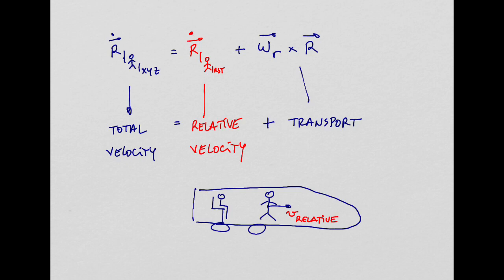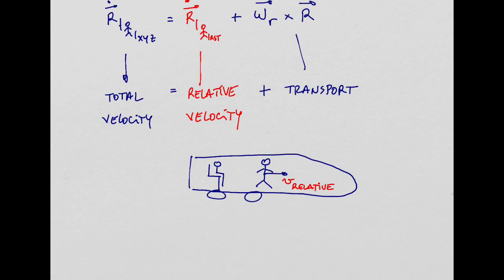Relative to the velocity of the train. If you are seated in the train, your relative velocity is 0. If you are moving to go to the toilet, for example, you are walking inside the train with some velocity. But what is your total velocity?